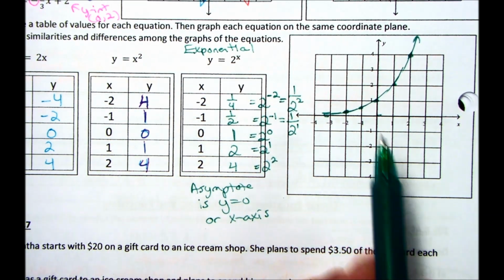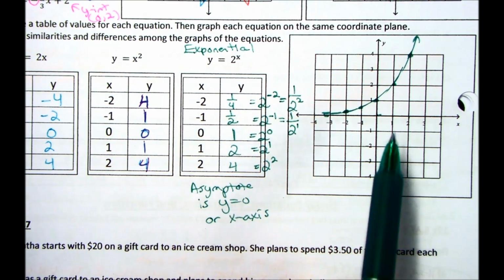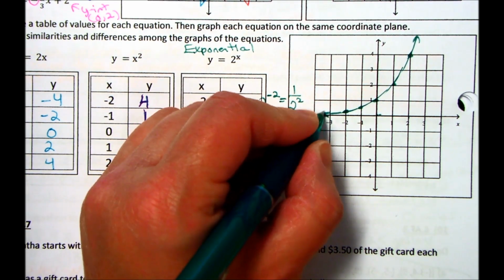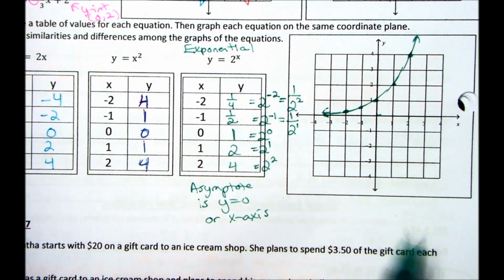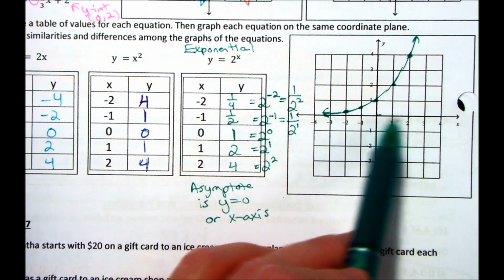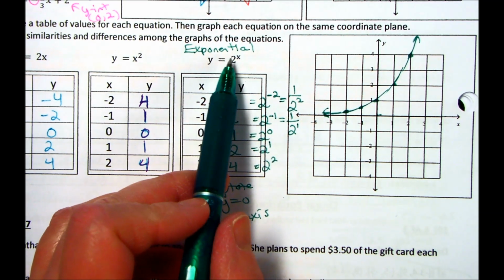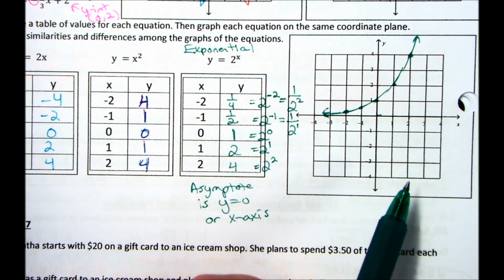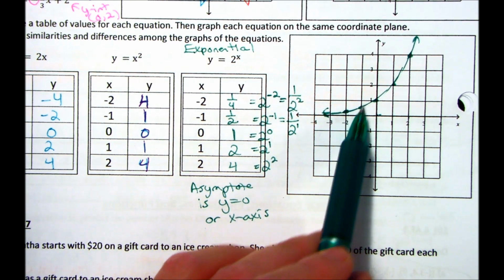So if you were asked what the domain or range was for this, the domain, since it does keep going left and right forever and ever, would be all real numbers. However, the range, your y values, since it cannot equal 0, so there's no way that you can take 2 to a power and for it to equal 0, but it's going to keep going up forever and ever.